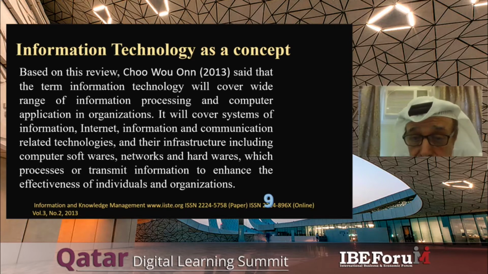It will cover systems of information, internet information, and communication related technologies and their infrastructure, including computer, software, and hardware, network, and hardware, which process or transmit information to enhance the effectiveness of individuals and organizations. This is a big one.